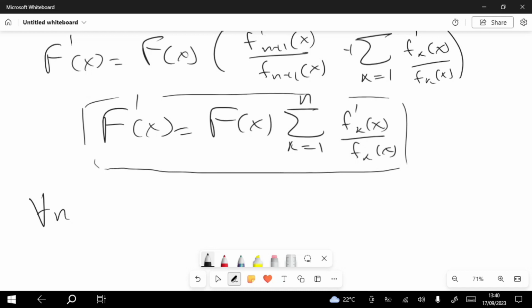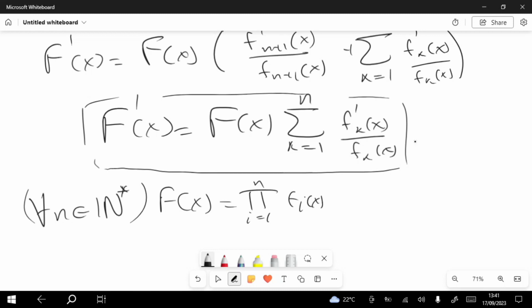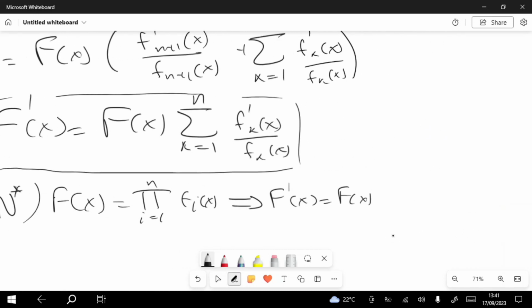Which means that for all n that are non-zero integers, if f of x is the product of n functions, that means that f prime of x is the original function times this sum of logarithmic derivatives, as k goes from 1 all the way to n of f sub k prime of x over f sub k of x.